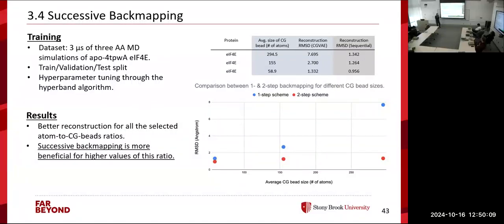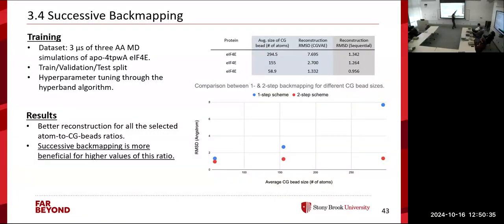The structure that we had has around 2,945, so roughly 3,000 atoms. We're not talking about proteins with 20 atoms or 100 atoms. We're talking about 3,000 atoms. And we're using different CG resolutions, like 10, 20, and 50. So these are the bead sizes.